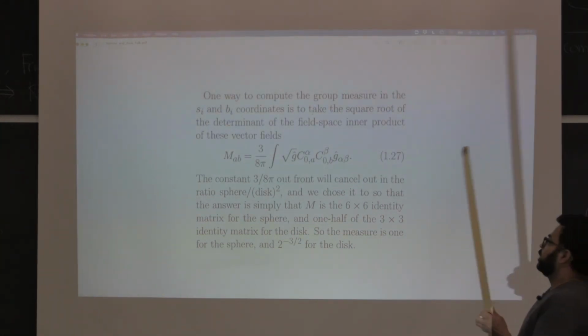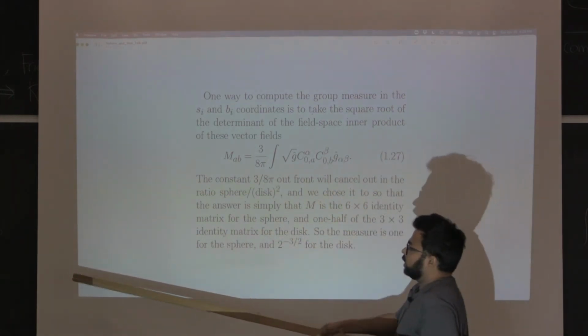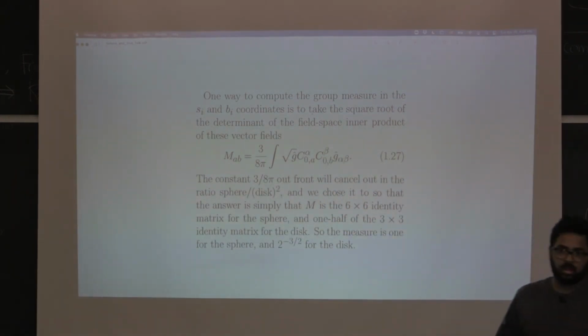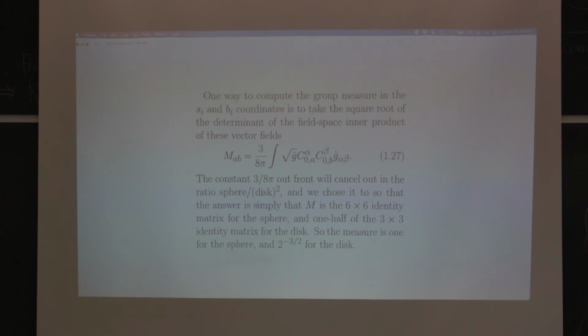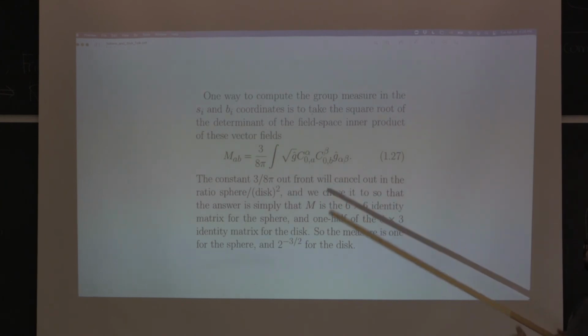The point is that this SL2C and the SL2R for the disk are both coming from the ghost zero modes. So you need a metric on the space of the ghost fields. That is the thing that ties the sphere to the disk. That ties the volume of SL2C to the volume of SL2R: a metric on the space of the ghost zero modes.